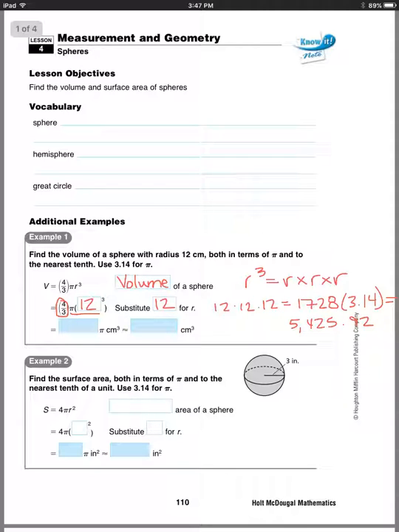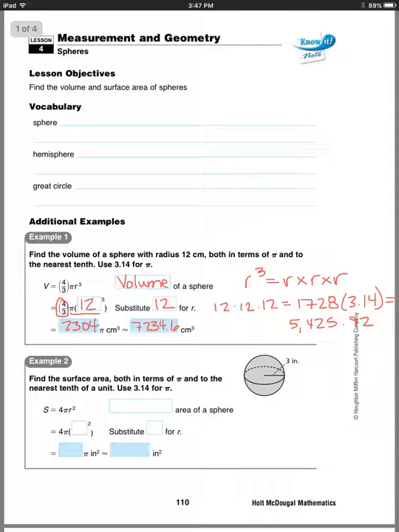So we're going to multiply the 5,425.92 by 4, and then we're going to divide that answer by 3, and we get 7,234.6. This was supposed to be 2,304. I don't know where they got that.